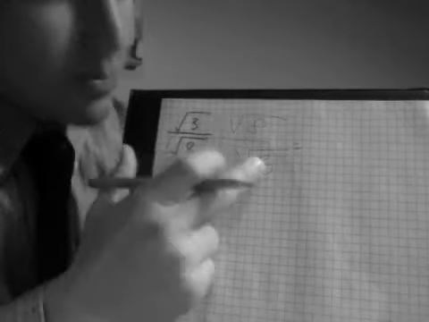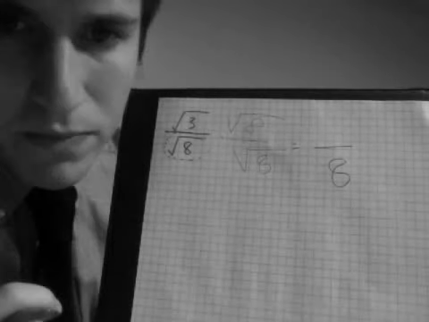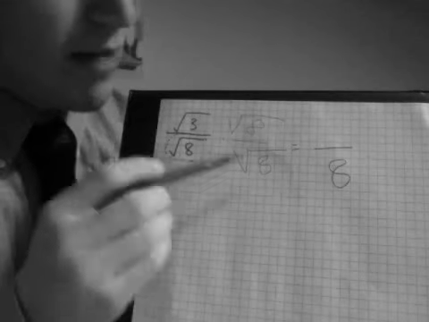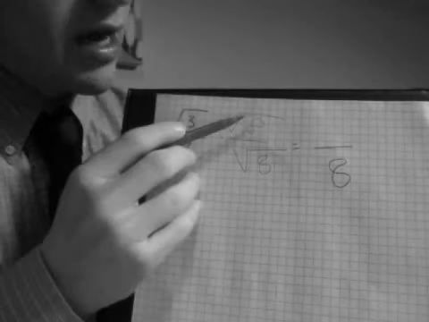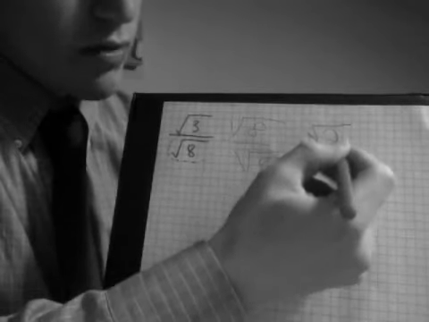Square root of 8 times square root of 8 is just 8. So that helps. And then on top, I have square root of 3 times square root of 8. Well, that's just the square root of 24.